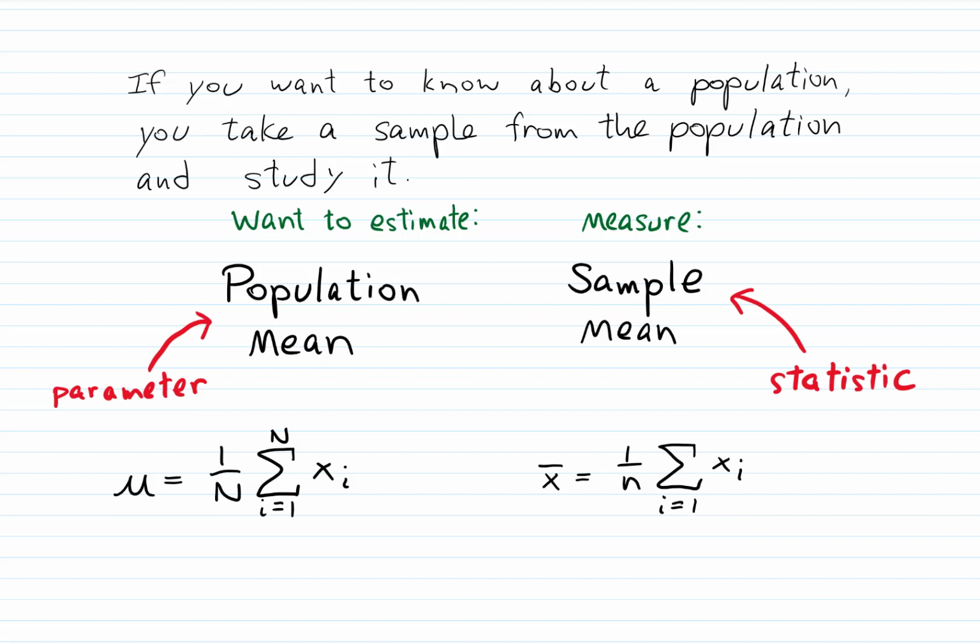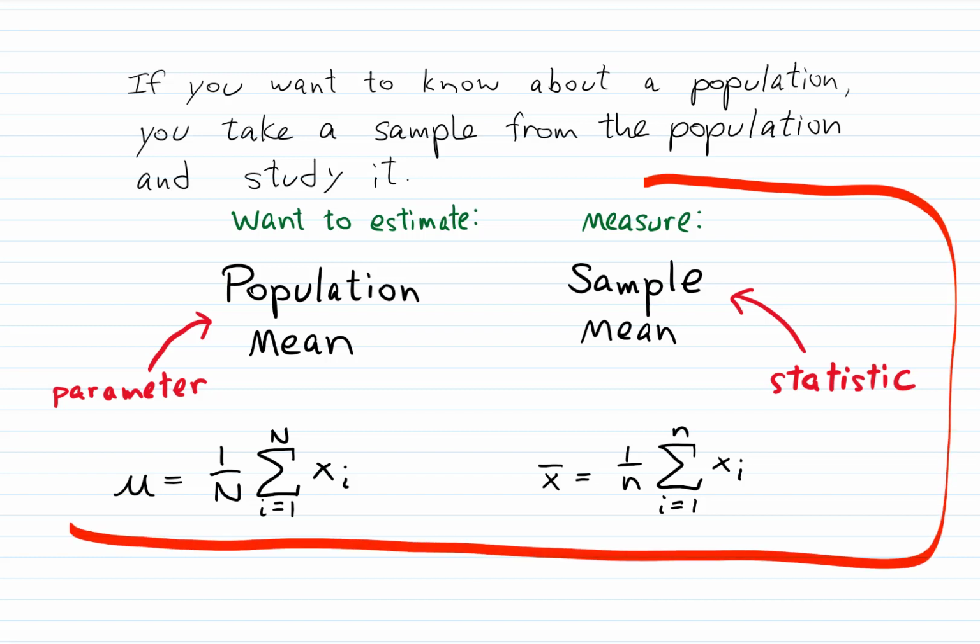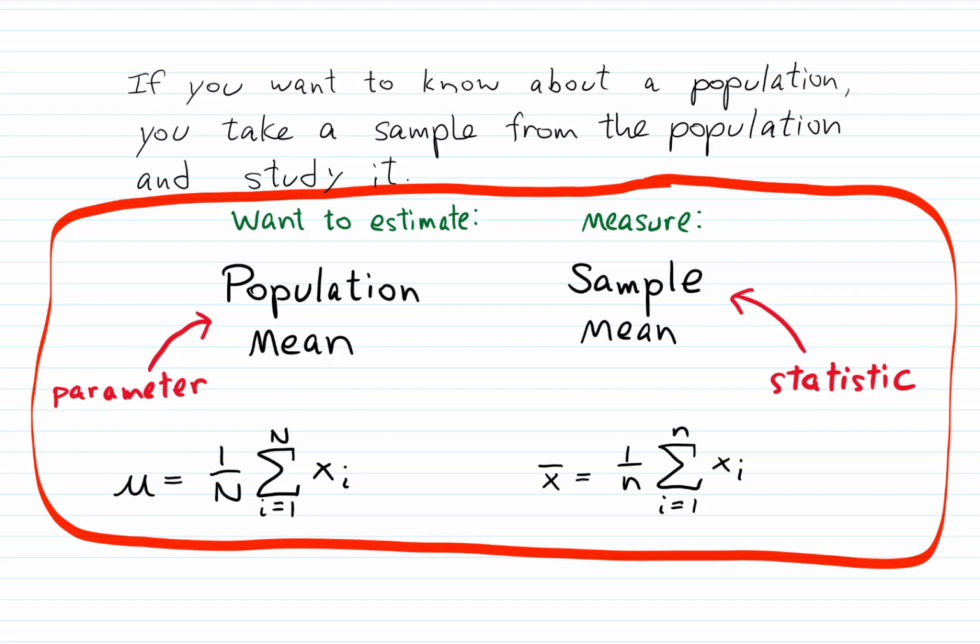And little n stands for the number of people in the sample. This is important. I want you to try to memorize this. Take a mental picture of it. It's very important. Okay, that's it for today.